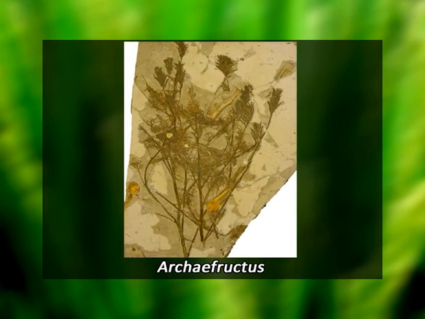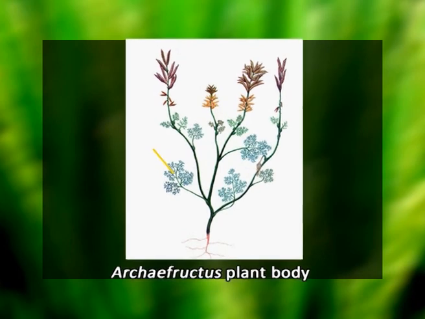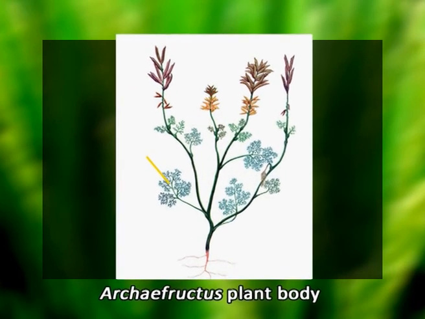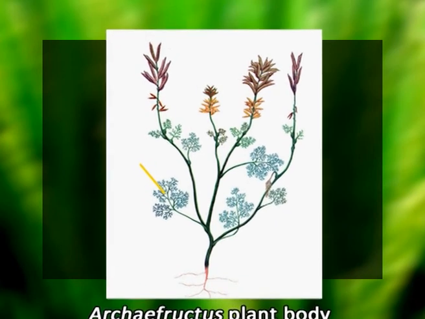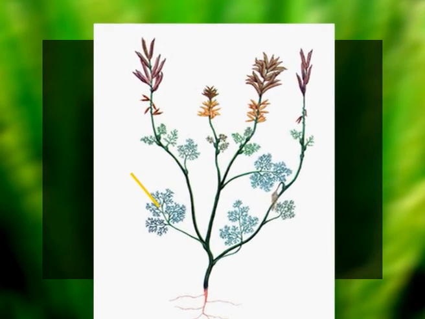The genus Archaefructus, now with 2 described species, was apparently an aquatic plant and had dissected leaves and elongate reproductive axes. Each of these reproductive axes possesses paired stamens below and several seeded carpels above.